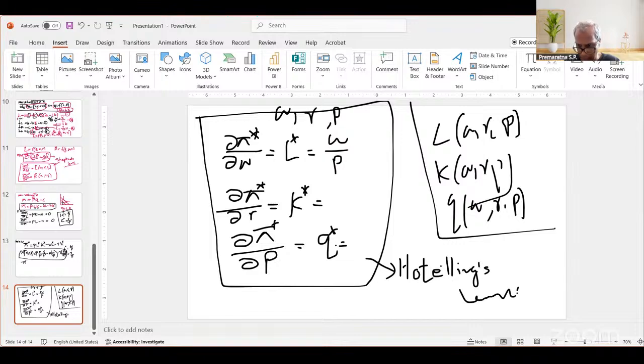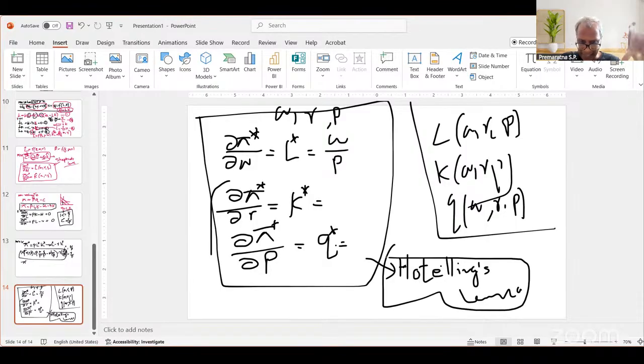Now, in the previous case, minimization, minimum value cost function, you differentiate, you get the Shepherd lemma. Here, the maximum profit function, when you differentiate with respect to parameters, what we call Hotelling lemma. Hotelling is the person who did this, Shepherd the same. It is directly a mathematical concept.